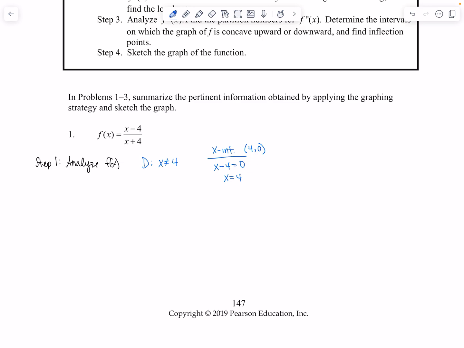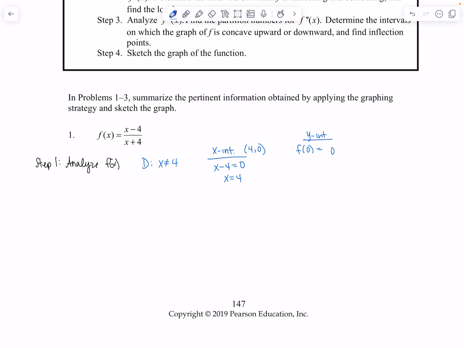And at 0, we'll have 0 minus 4 over 0 plus 4. So negative 1. So our y-intercept will be 0, negative 1.